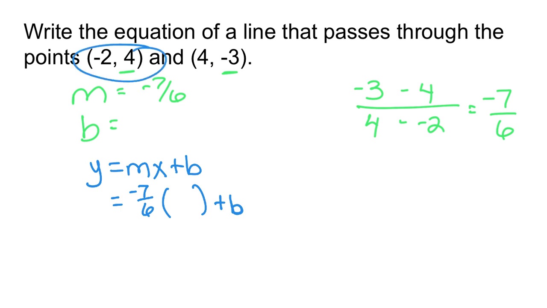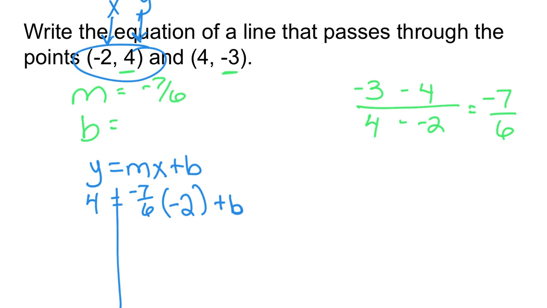So in that point, remember the first number in a point is an x. The second number in a point is a y. So I'm going to put negative 2 in where the x goes. Because this says x here, I've got to put the negative 2 here because that's the x from my point. And then where the y goes, I'm going to put the y value in that point, which was 4. Then I'm going to solve this equation.